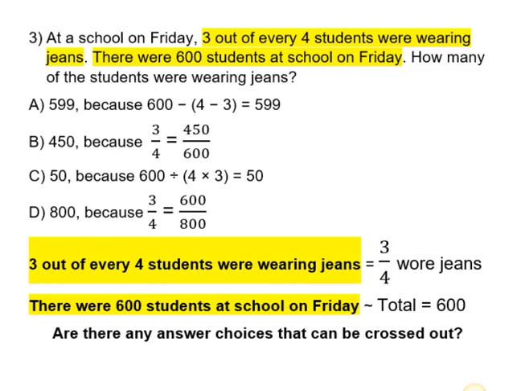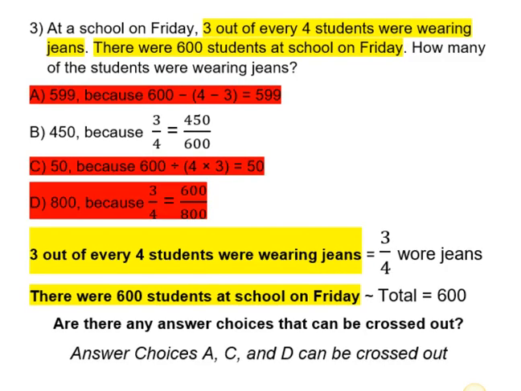C, 50, because 600 divided by 4 times 3 is equal to 50. Or D, 800, because 3 over 4 is equal to 600 over 800. Which of these answer choices seem wrong and can be crossed out? If you said A, C, and D, you're correct. So let's take a look.